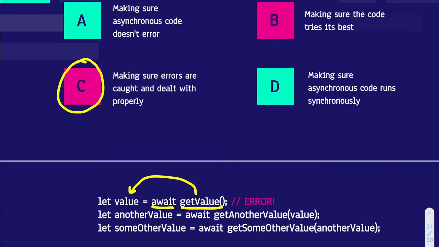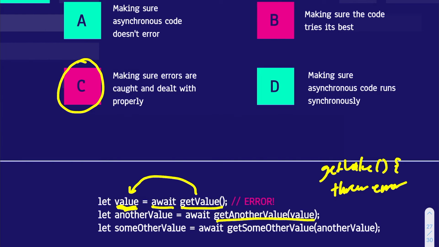But let's say somewhere within get value, something threw an error. That's bad, right? So now our value probably is either A, malformed, or B, doesn't exist. But what we're doing is we're saying, all right, well, we got some sort of value, so I mean, we didn't encounter a problem.